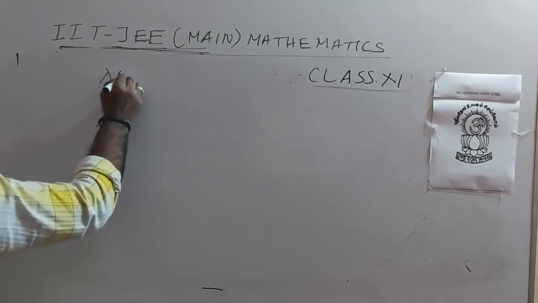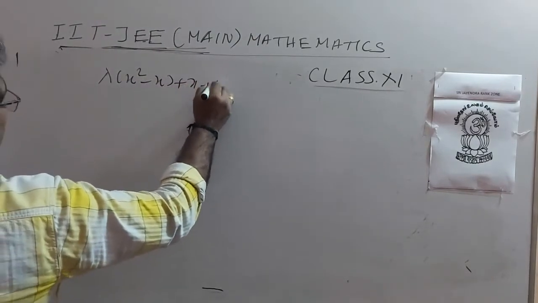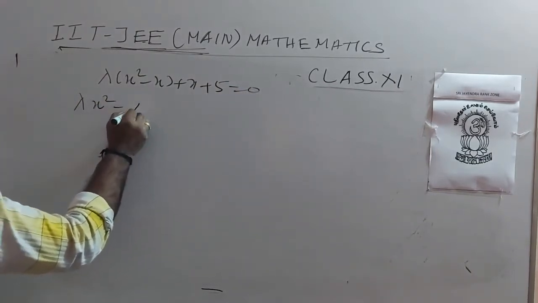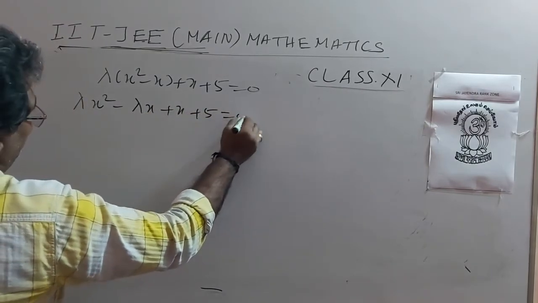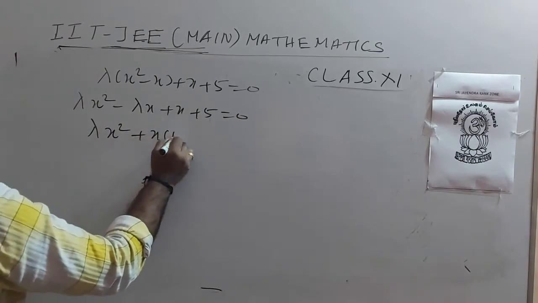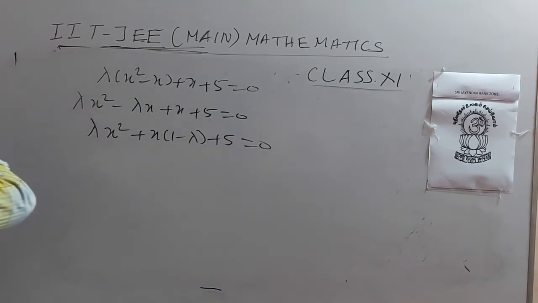So lambda x squared minus x plus 5 equals 0. Lambda x squared plus x into (1 minus lambda) plus 5 equals 0.